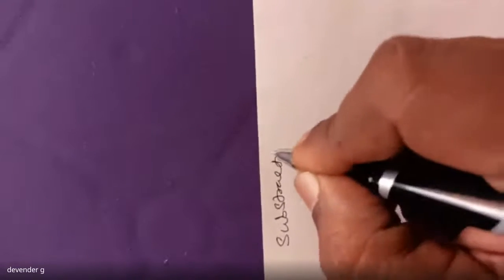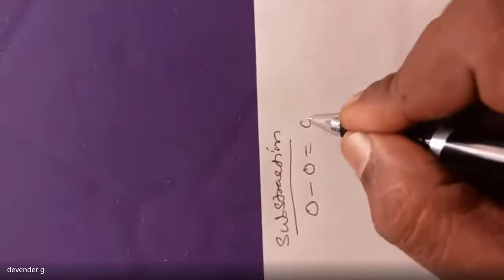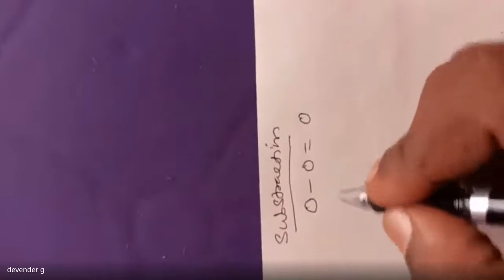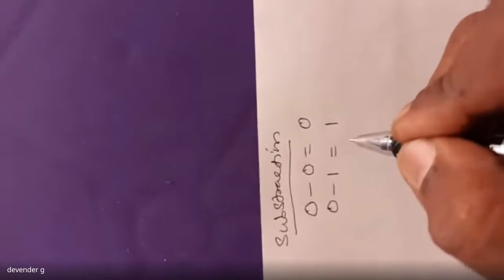Right, thank you. Now we'll see the operation using subtraction. I go for subtraction. So what is the rule for this? 0 minus 0 is 0. 0 minus 1 is 1, with a borrow.